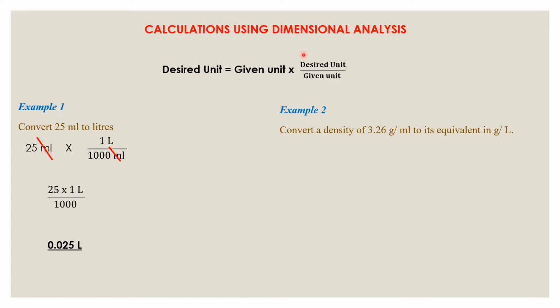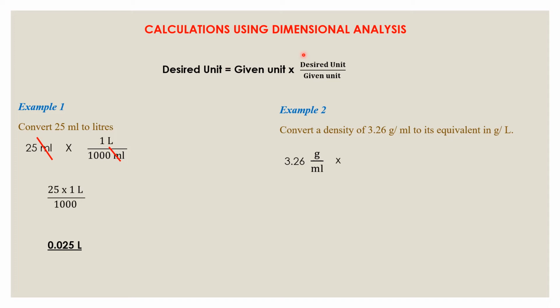Now let's look at example number 2. In example 2, we are converting a density of 3.26 grams per milliliter to its equivalent grams per liter. So try to underline or circle what is given to you already. We are given 3.26 grams per milliliter, so we write that information down. Now we need to multiply by a conversion factor.